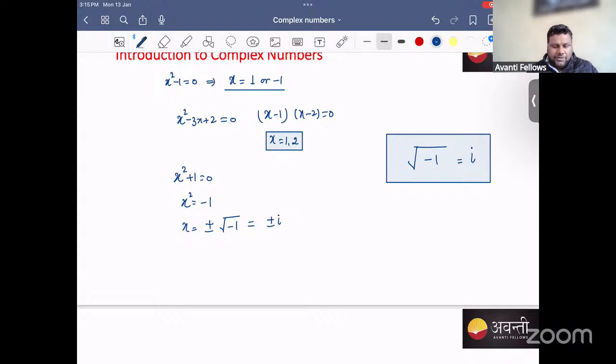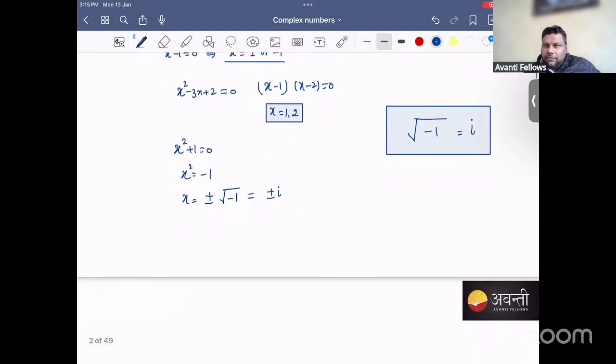So this under root of minus 1 is what we call coefficient of imagination.